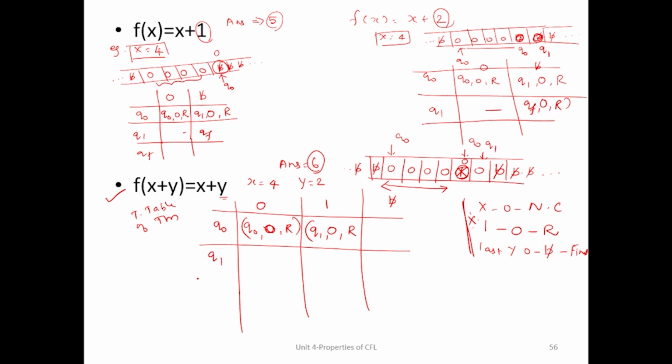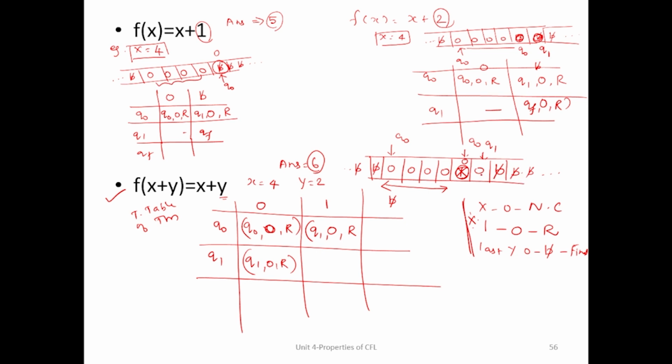So it is Q1. If Q1 reads 0, just move to the right direction. For the first 0, move to the right direction with the same state. For the second 0 also, you should move to the right direction because we don't know how many y zeros are available in the input tape. So until you read blank space, you cannot find out.